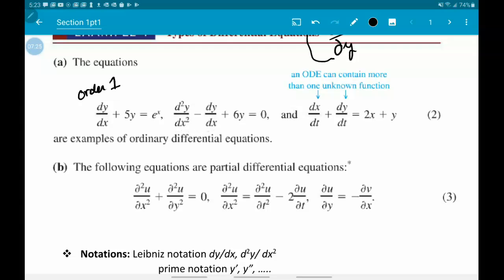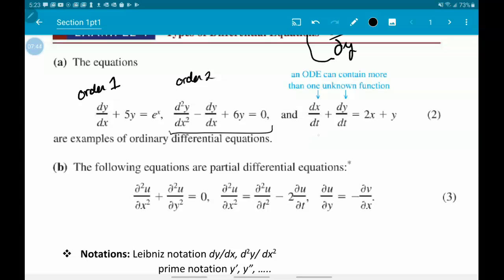If we look at that second example here, this is an ordinary differential equation also. Notice there's only one independent variable there. We do have a second derivative, so we would say this is an order 2 differential equation.